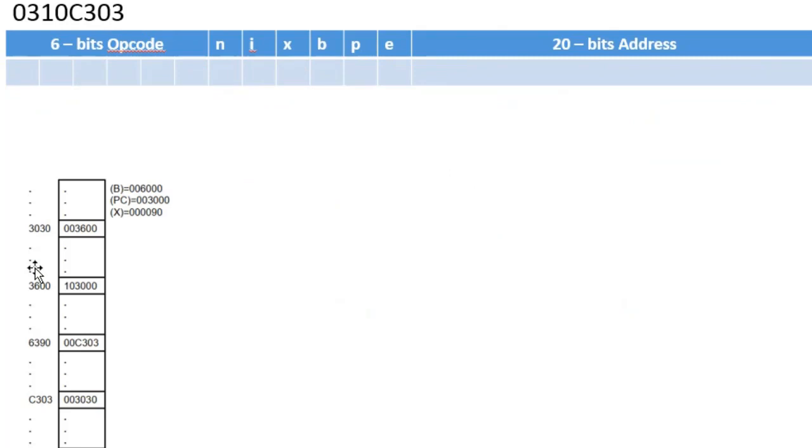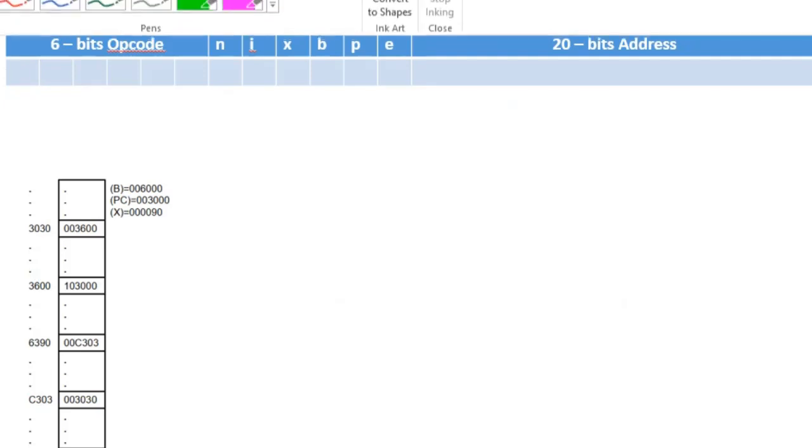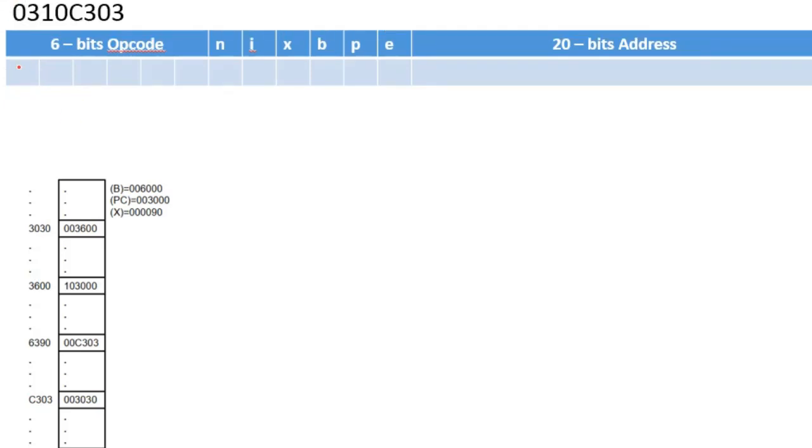It is 0310C303. Convert it into binary. Okay, 0 is 0000, 3 is 0011, and then we have 1 means 0001, and we have a 20-bit address. I will keep it as it is. The 20-bit address will be 0C303. So N and I both are 1.